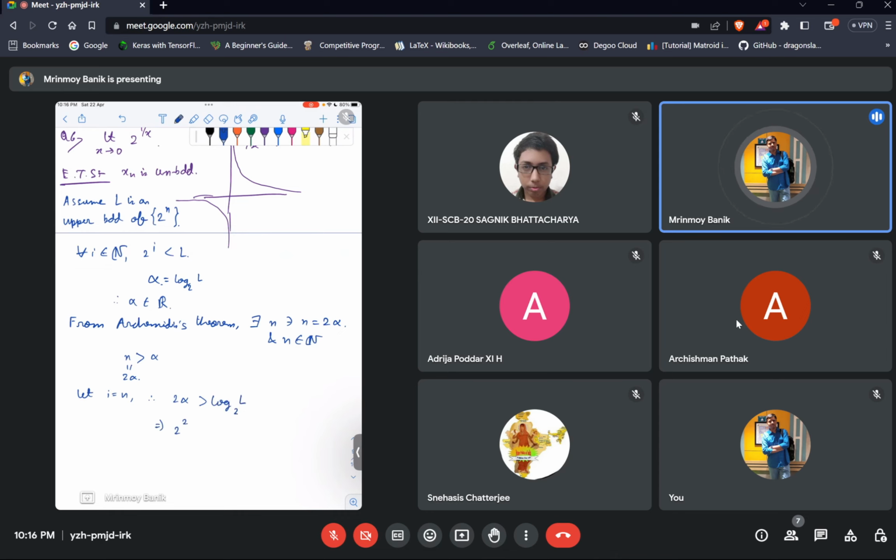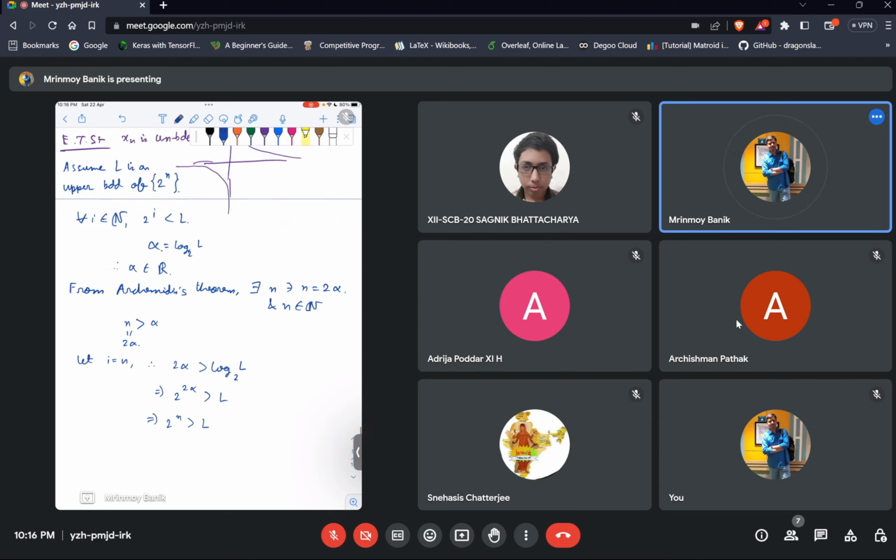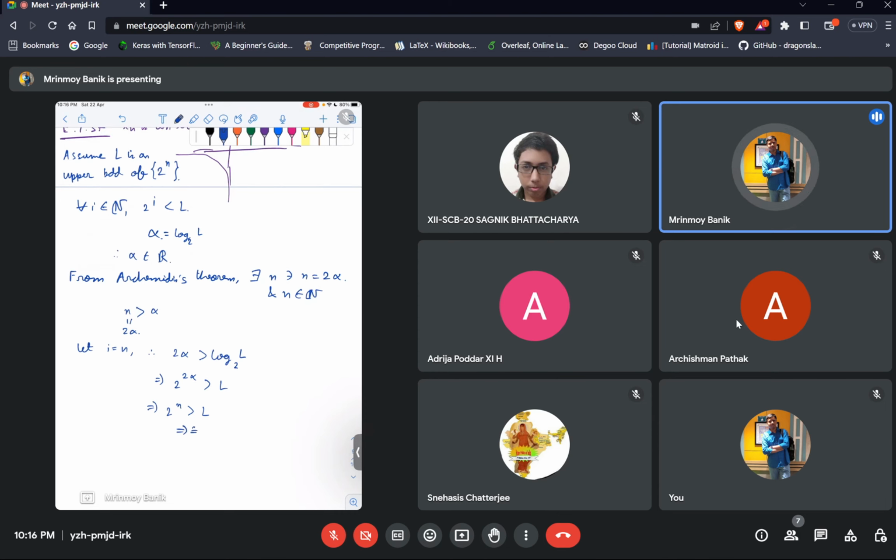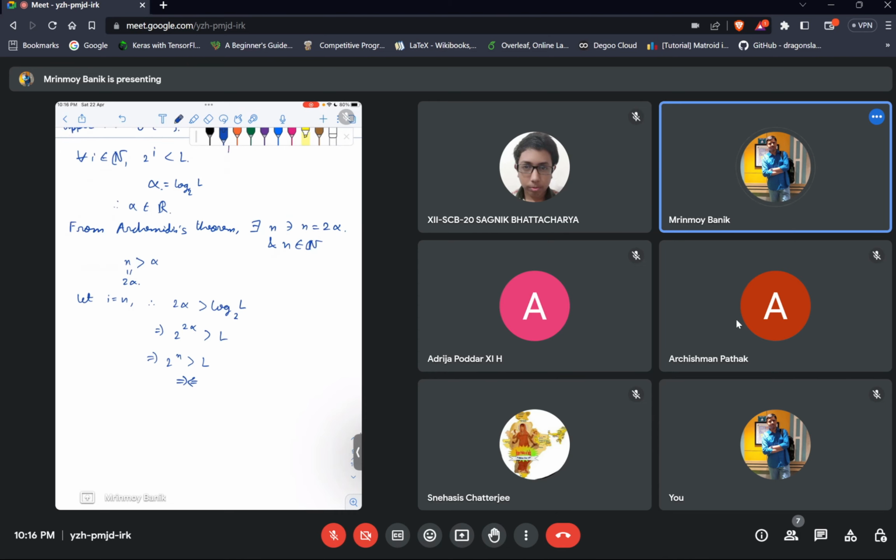That implies 2 to the power twice alpha is greater than L. That implies 2 to the power n is greater than L. Which is a contradiction since we assumed nothing is larger than L of the form 2 power n, but we got a contradiction. Therefore, 2 power n is unbounded, and so is 2 power 1 by x, so it can't be convergent.